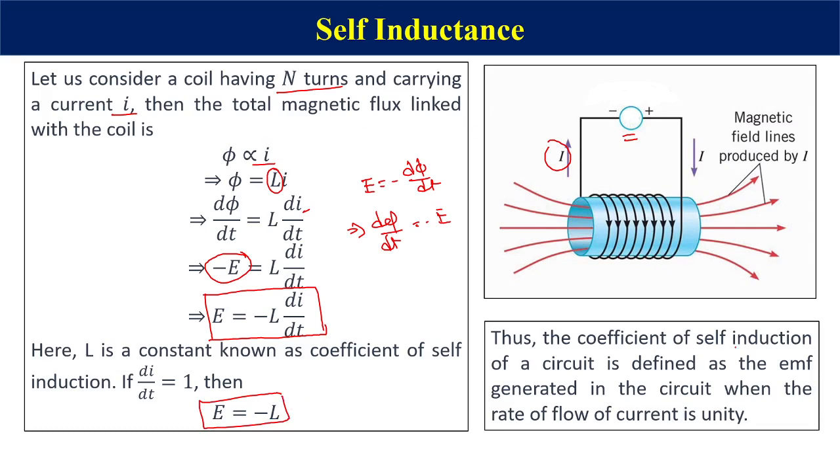The coefficient of self-induction of a circuit is defined as the EMF generated when the circuit has a current flow rate of unity. That means the current flows at a rate of unity. In that case, whatever be the EMF generated in the circuit is nothing but the coefficient of self-induction. That's the magnitude-wise value. All right.